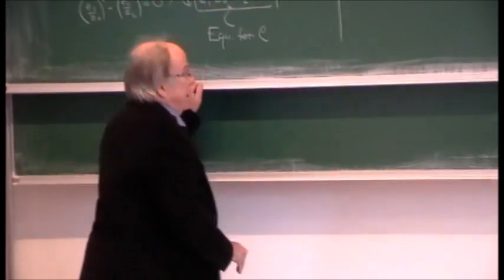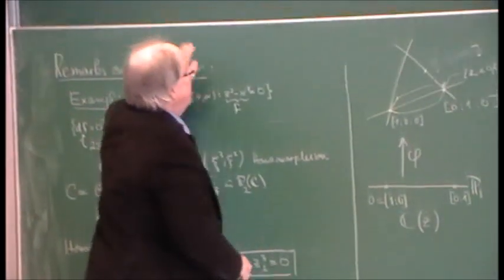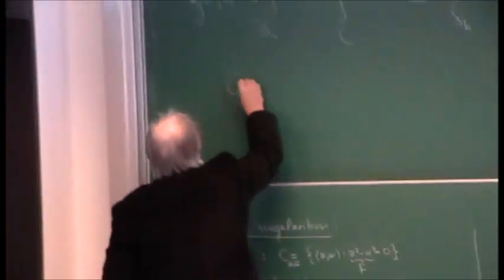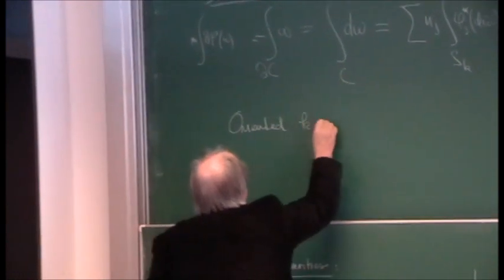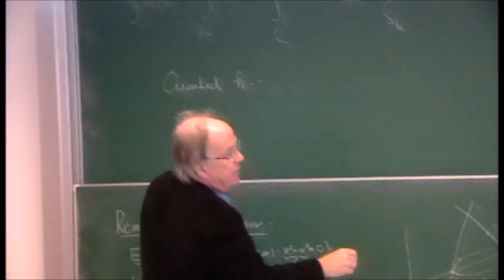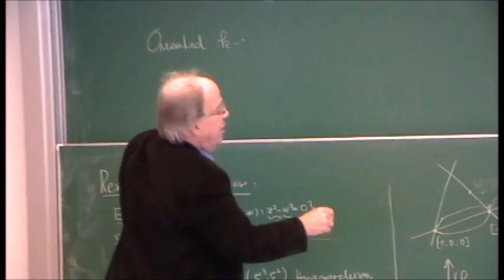So that means that the chains, you look at oriented K-chains. Oh, no, what kind of chains do I have there? Yeah, K-dimensional.